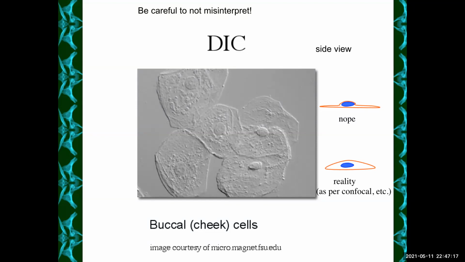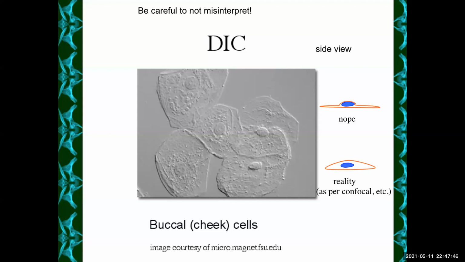But notice, there are 5 cheek cells here. Notice how, especially in the 2 on the right, it looks like the nucleus is really fat. Is there sort of a fried egg situation here, where the nucleus is just popping out of the cell and the cell is super thin? You see that a lot under DIC. You see what looks like a really nice 3D image, and it's deceptive.